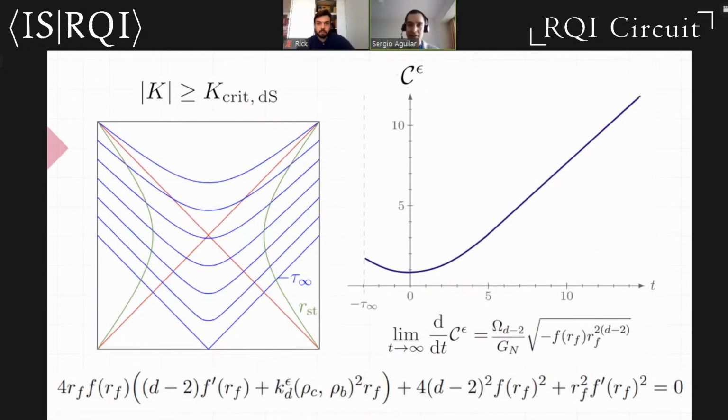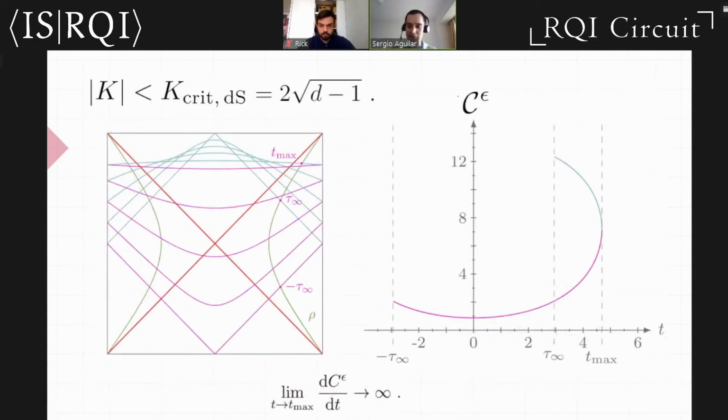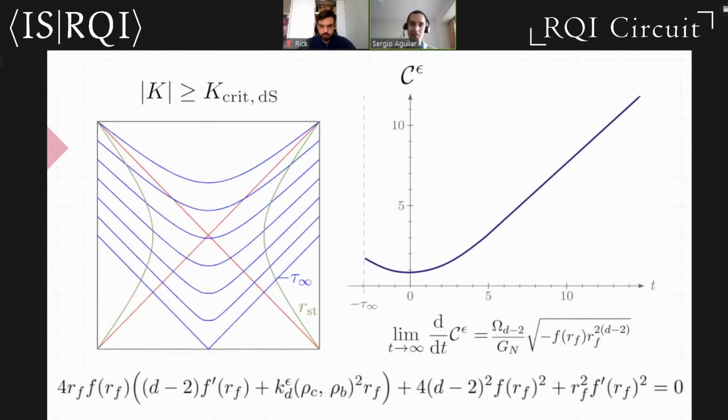Then you can also study what happens when you increase the values of this mean curvature. There is a point where, instead of reaching hyperfast growth of complexity, where the derivative goes to infinity, there is a critical value of the mean curvature where the complexity simply grows linearly with time. And then you can derive some relation for that.